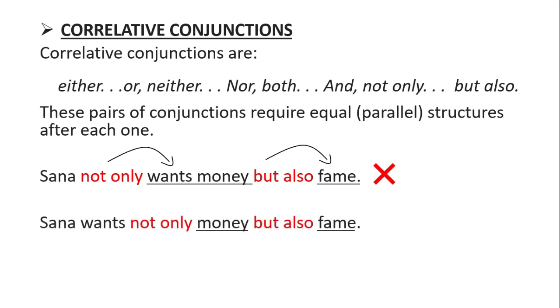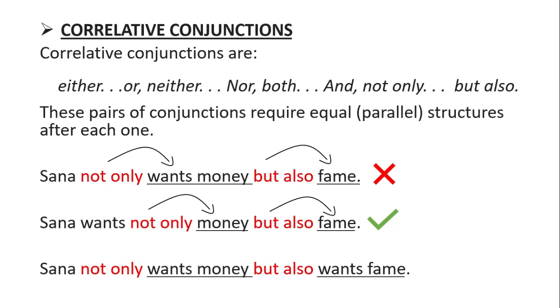Next example, we can see Sana wants not only money but also fame. It is the right use of paired conjunction because this pair of conjunctions is connecting two words that are money and fame.